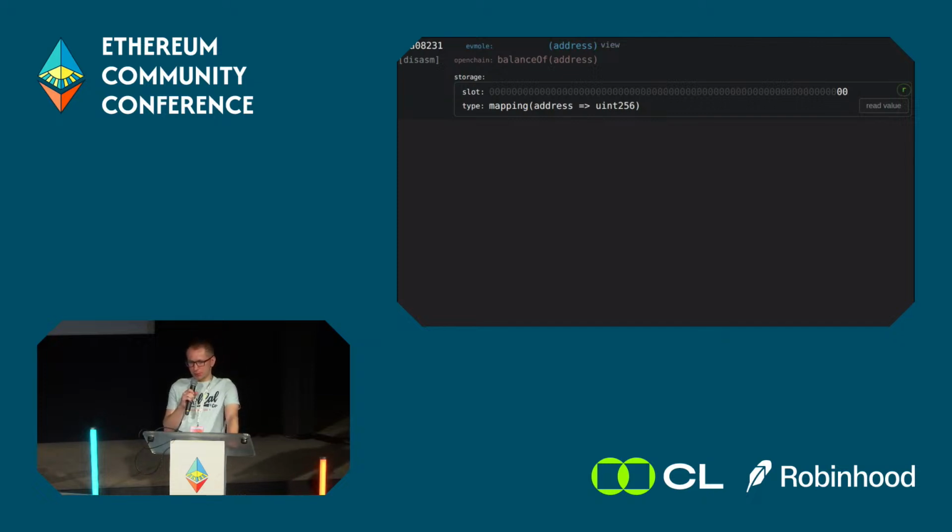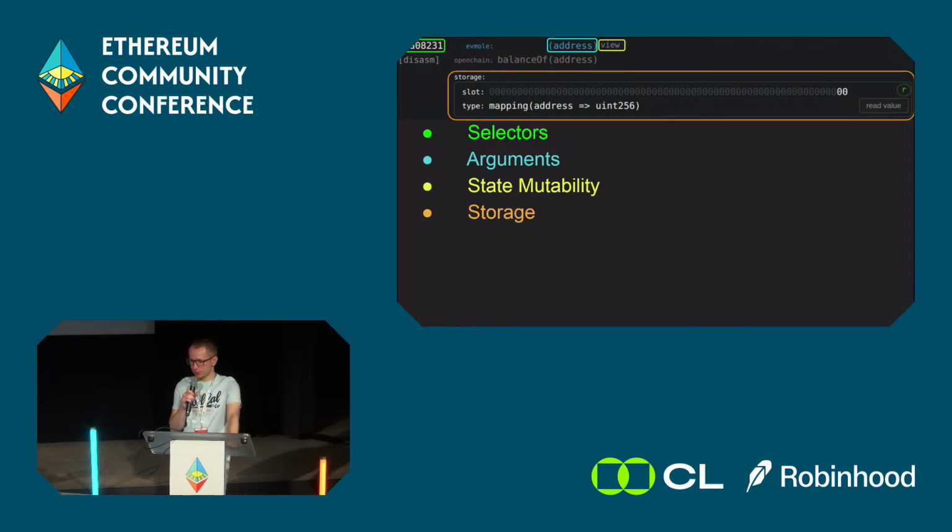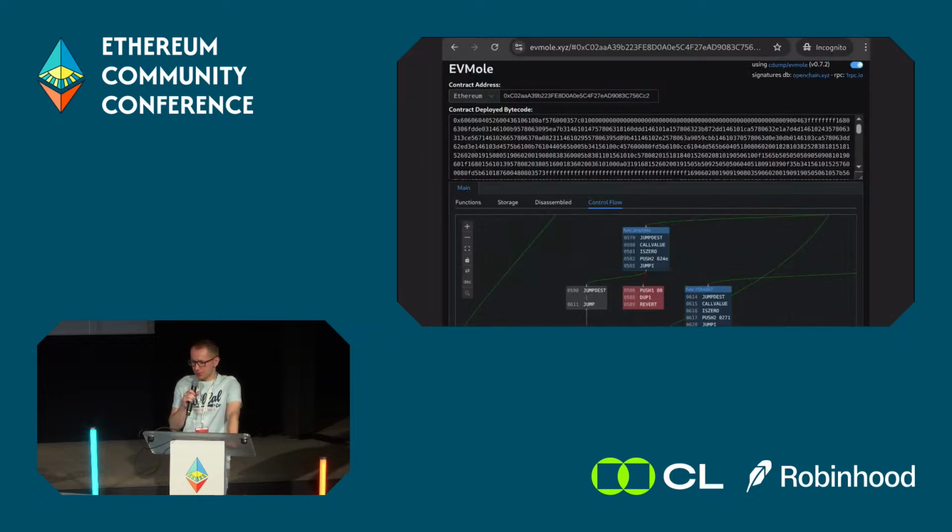Besides the control flow graph, it can get you selectors of the functions, function arguments, state mutability, and storage usage, and now it gets basic blocks and control flow graphs. And this is how it looks. You can just put in a contract address, or input the contract deployed bytecode, and then you have tabs with functions, storage, disassembled code, and the control flow graph, which is totally interactive.